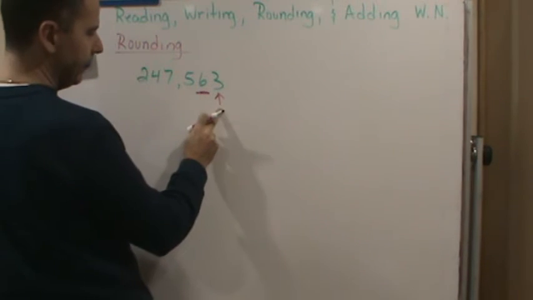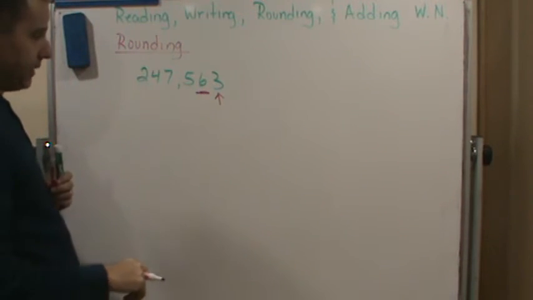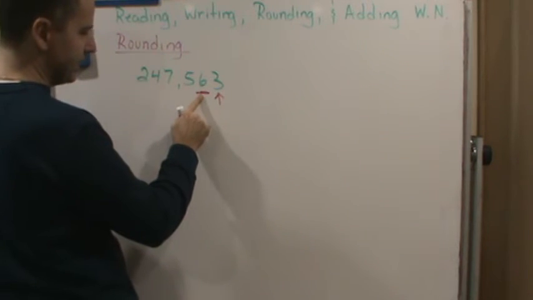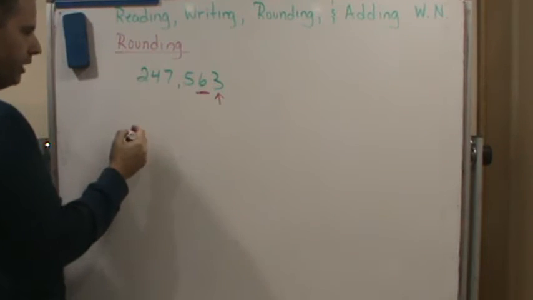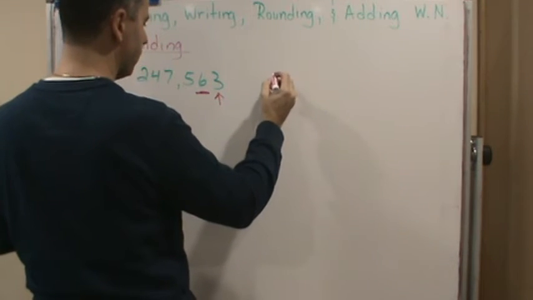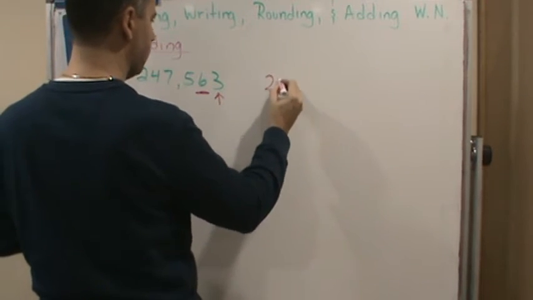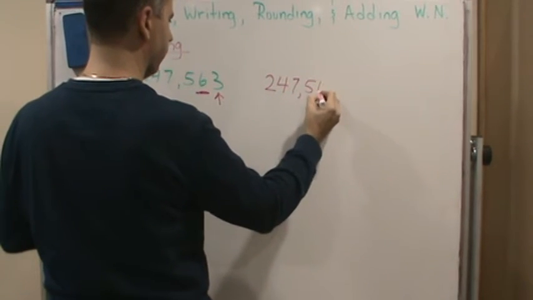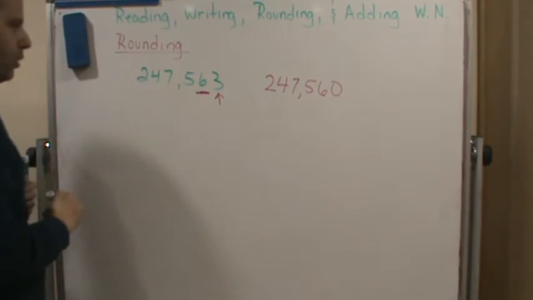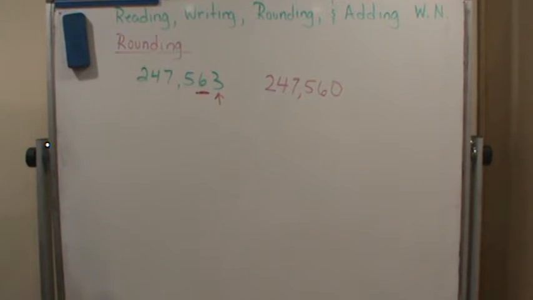Well, 3 is 4 or less, which means the 6 is going to be unchanged, and I'm going to change the 3 to a 0. So that means rounded to the nearest tens would be 247,560.